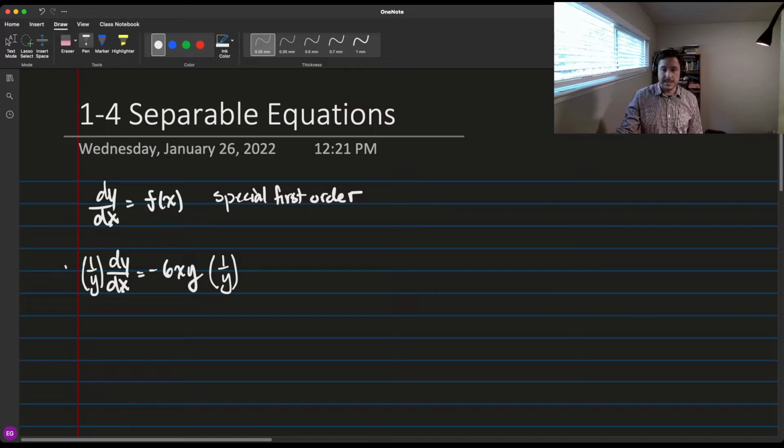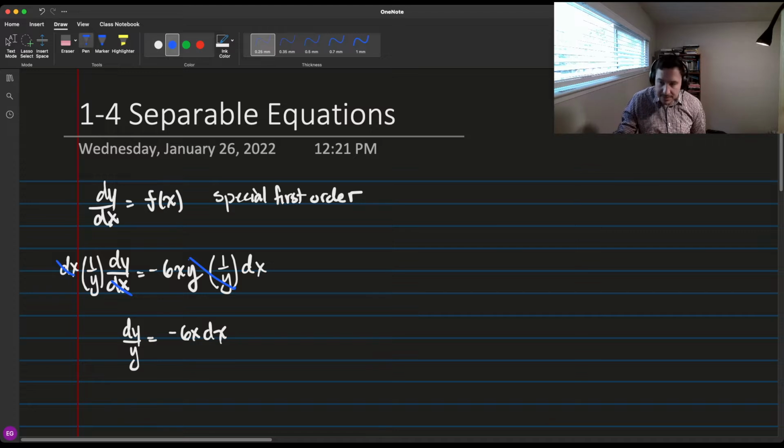And let's multiply by dx on both sides. Okay, so the y and the 1 over y cancel, the dx and the dx cancel, leaving you with dy over y equals minus 6x dx. Looking at this, this is something that you can integrate and solve. So let's integrate.